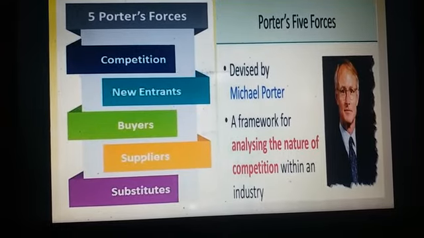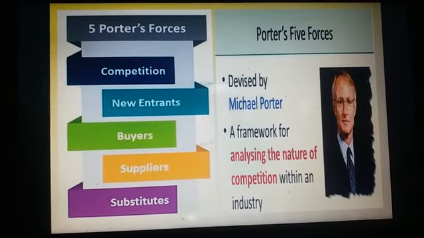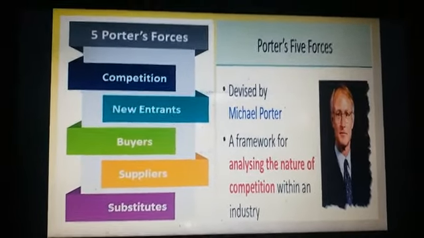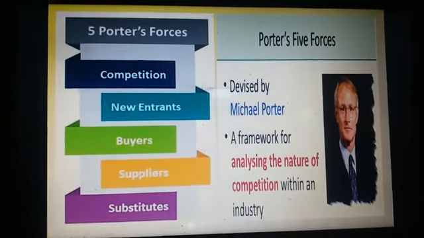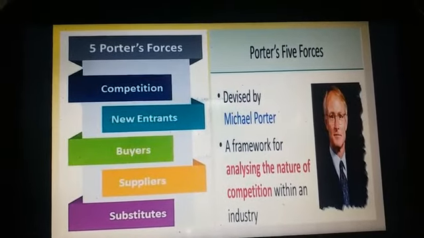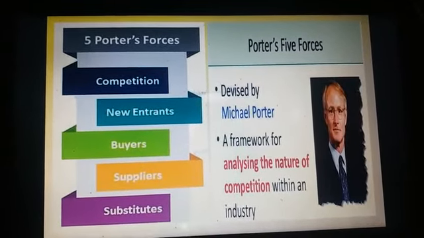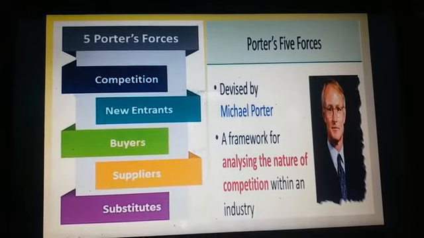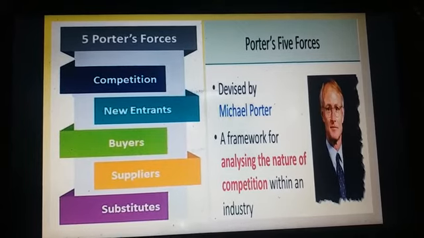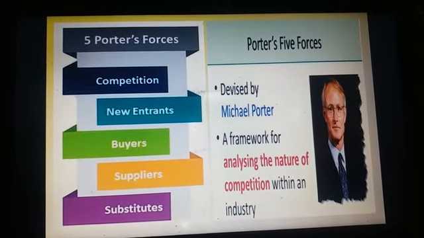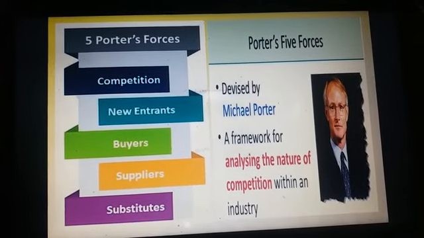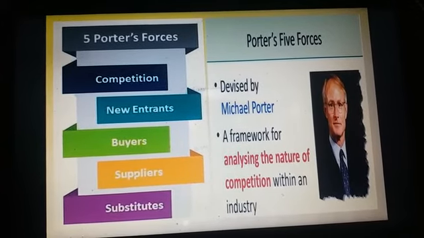It is these forces that determine how much competition will exist in the market and consequently the profitability and attractiveness of this market for a company. Through sound corporate strategies, a company will aim to shape these forces to its advantage to strengthen the organization's position overall. A framework for analyzing the nature of competition within an industry.